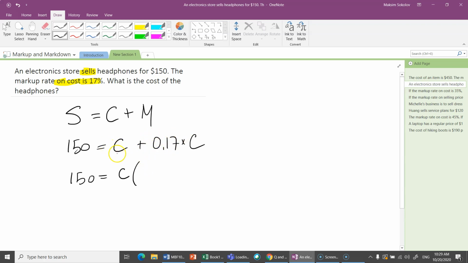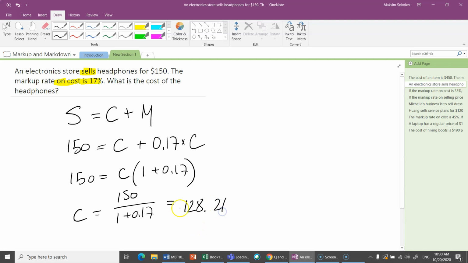But we will factor out C, and we can solve now for C. 150 divided by 1 plus 0.17 is 128.21.